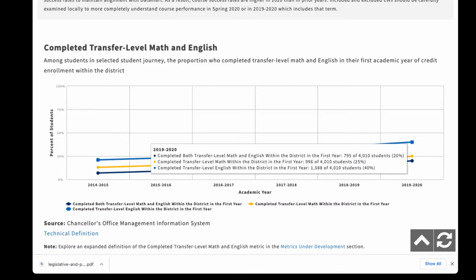Now, notice their success rates increase due to AB 705 for some reason, right? So what you can see here now, 40% completed English in the first year. That's a pretty good thing. 25% completed math in the first year, and 20% completed both in the first year.